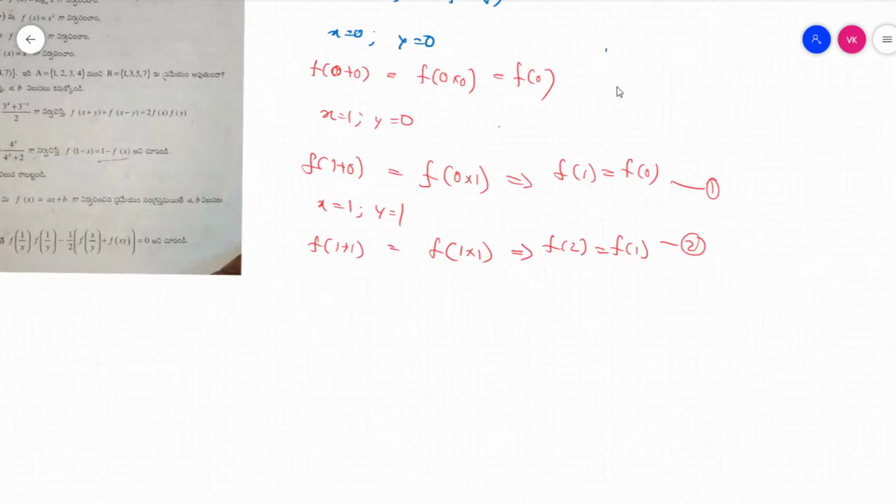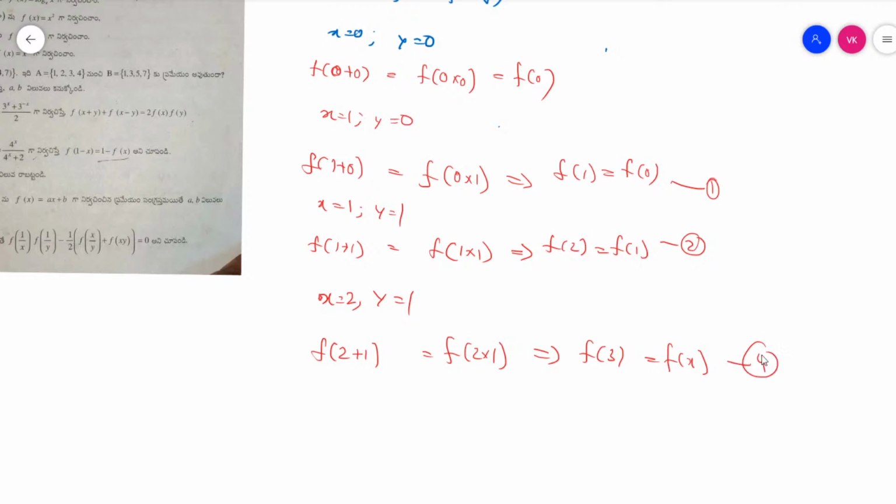Let's take x is equal to 2 and y is equal to 1. Then f of 2 plus 1 is equal to f of 2 into 1. Then we can write f of 3 is equal to f of 2.